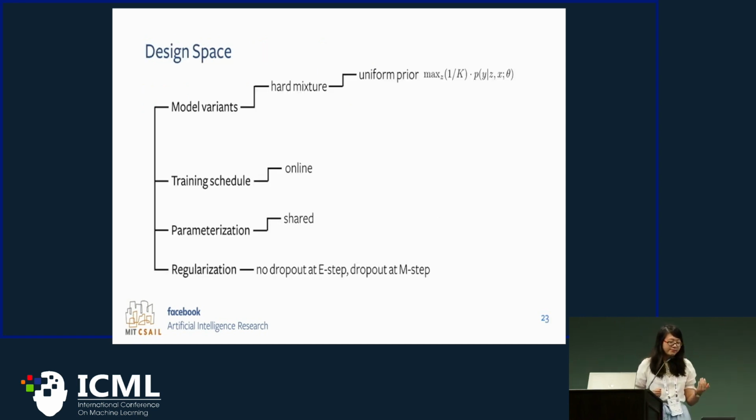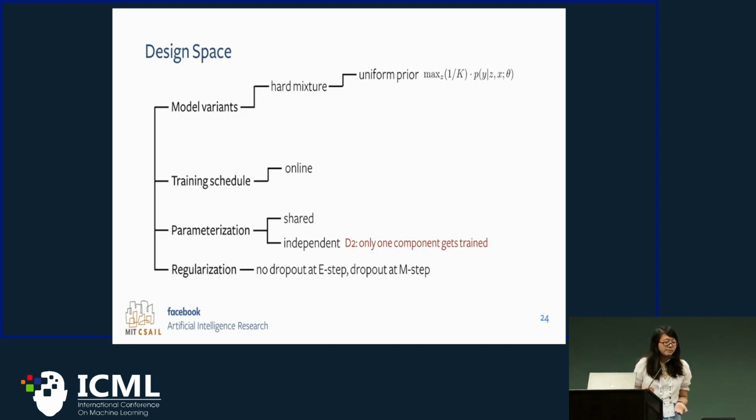So far, we've found a success case, namely the hard mixture model with uniform prior, using online training schedule, shared parameterization, and turning off dropout at the E step. We've also seen that if we use independent parameterization, then we encounter a degeneracy type where only one component gets trained.